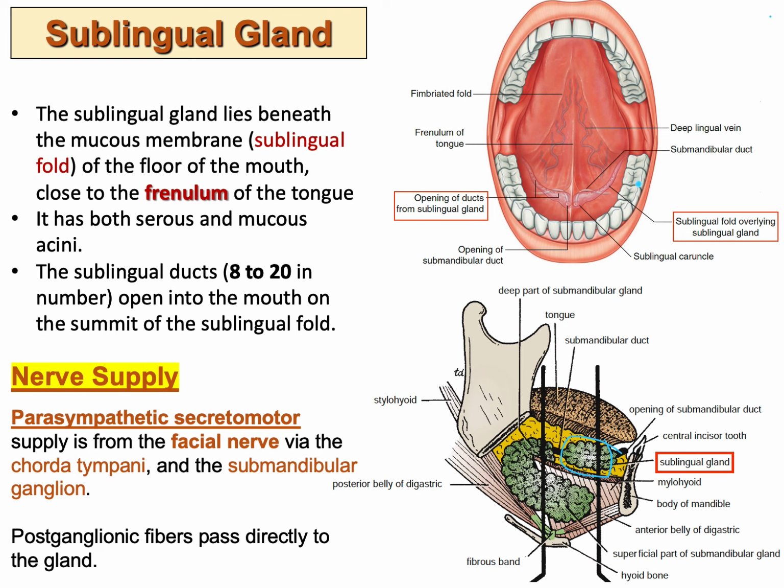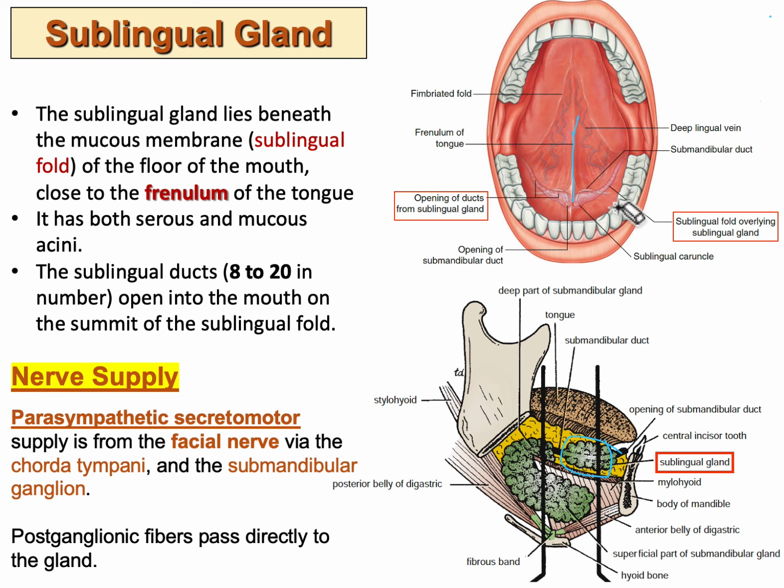If you look here, you will see this is the frenulum. And laterally under the tongue, you will see a fold of mucous membrane here and another one here. This fold of mucous membrane is known as the sublingual fold.